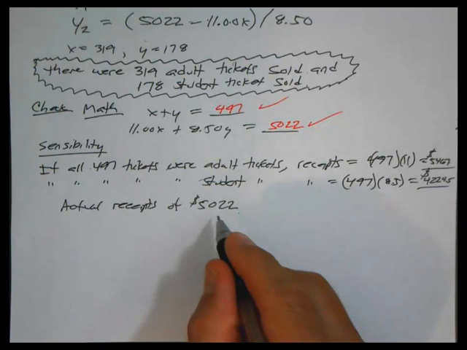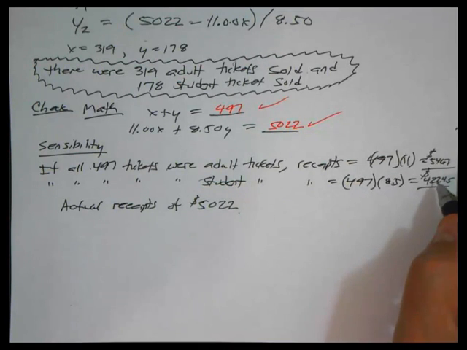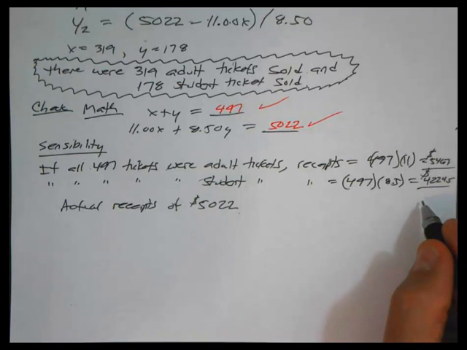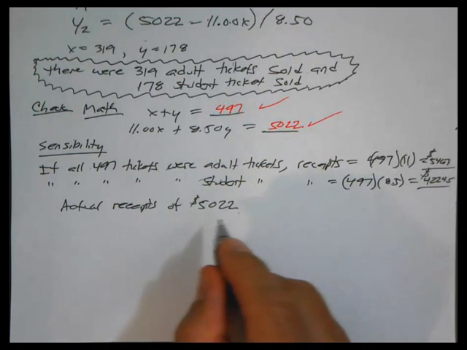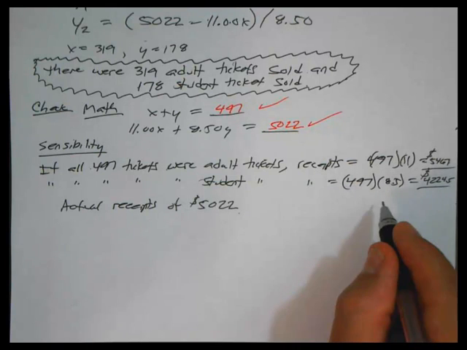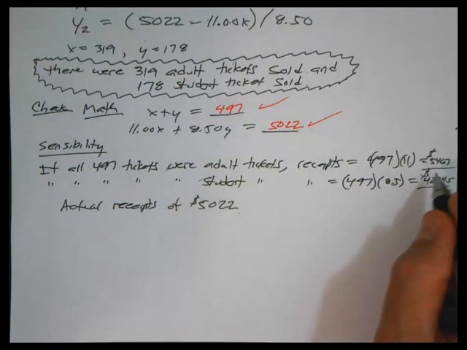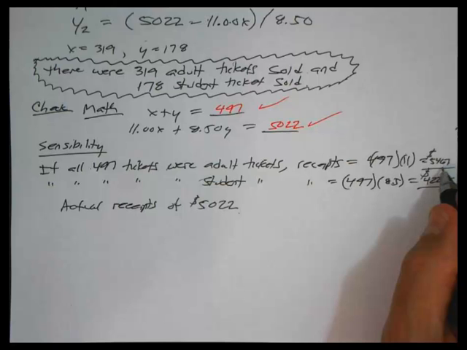Well, at 5,022, it's about 440 away from this number, but it's about 760 or so away from this number here, meaning this 5,022 more closely resembles the all adult ticket sales case.